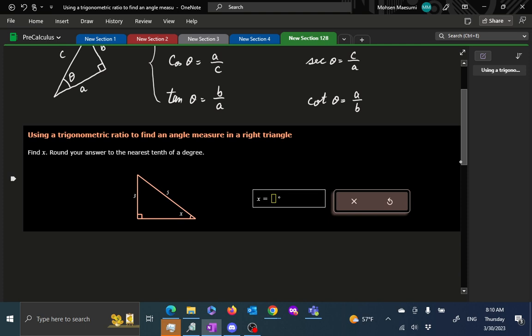The relationship would be that the sine of x, in this case, sine of x, how did I choose sine? Why not cosine or tangent? Because this plays the role of the opposite, and that is the hypotenuse. So sine of x is 3 over 5. Now I go ahead and find x from this relationship. That would be arc sine of 3/5.